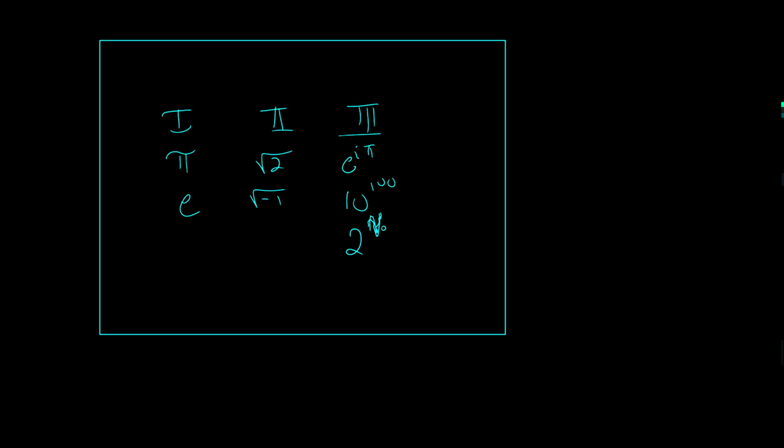I'm going to use the Roman numerals 1, 2, 3, pi, square root of 2, e to the i pi, which is -1, right? e, square root of -1, which is i, 10 to the 100, 2 to the aleph 0, and Roman numeral 4, and 777. And so here I have a universe.